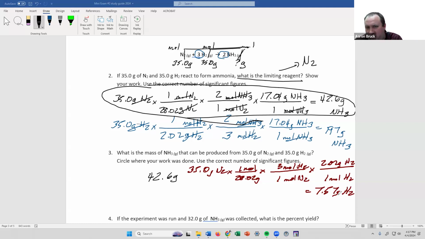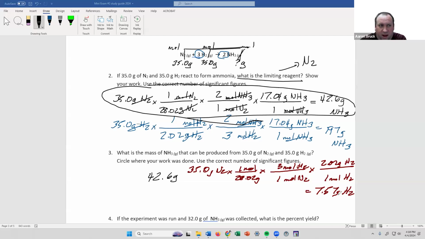Now, what good would this information be to us? Well, what this information would tell us is all of the nitrogen is gone after 7.57 grams of hydrogen have reacted. Well, do we have 7.57 grams of hydrogen? Yes. In fact, we have quite a bit more. We have 35 grams.